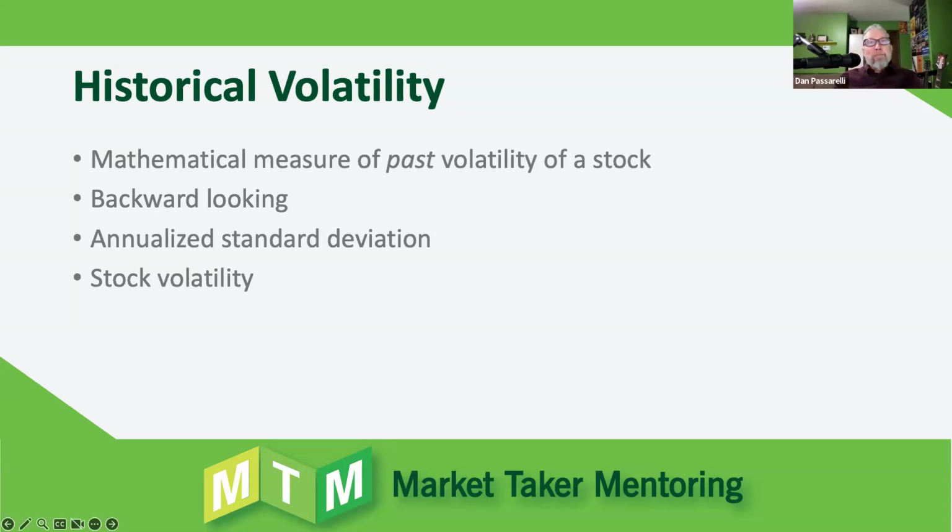It's a good one. But he described historical volatility, which is what we're talking about, looking at a stock chart and seeing it's all over the joint, as backward looking, because you're just looking back. Here's what that stock did in the past. And when you look at the stock chart and ask how volatile is it, I said it's down, it's up, it's all over the place. What does that mean?